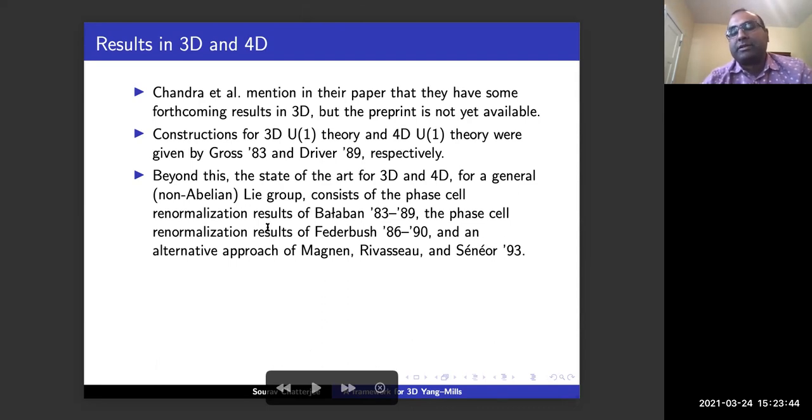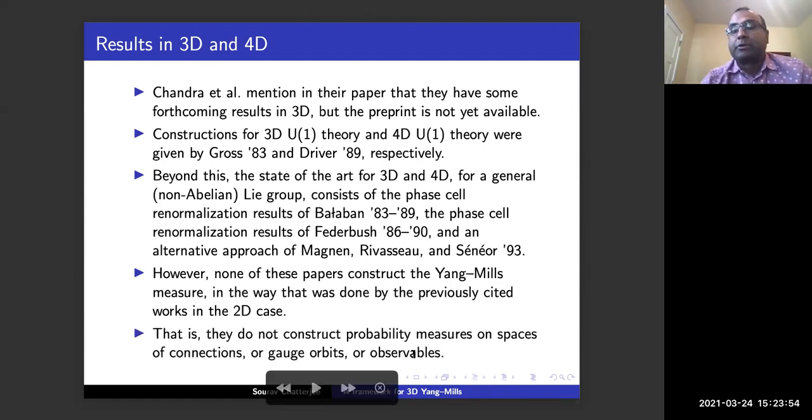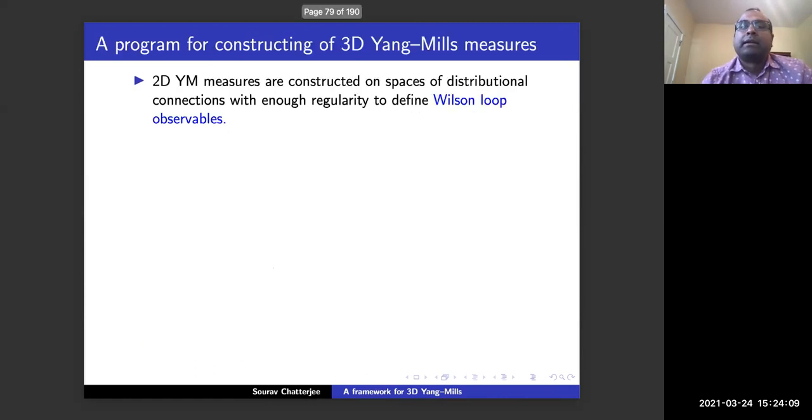So there are a whole bunch of these papers, but as far as we understand, they don't really construct the Yang-Mills measure in the way that was done for the 2D case. In particular, they don't construct probability measures on the space of connections or gauge orbits or observables. Okay. So this is one thing that we would like to do: just as in 2D, we construct a probability measure, in 3D we would also like to do that.